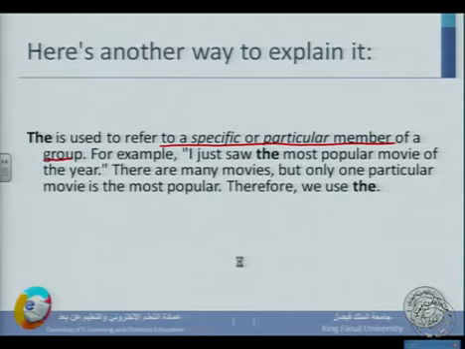There are many movies, but only one particular movie is the most popular. Therefore we use the.